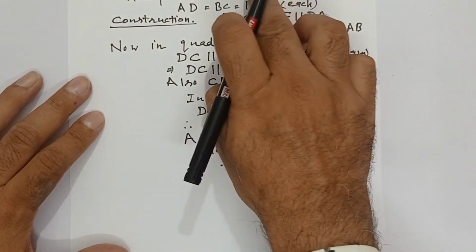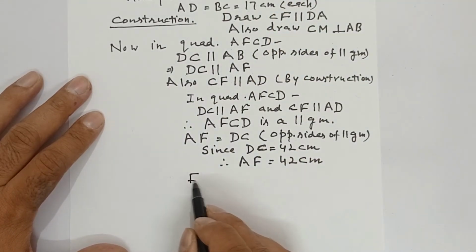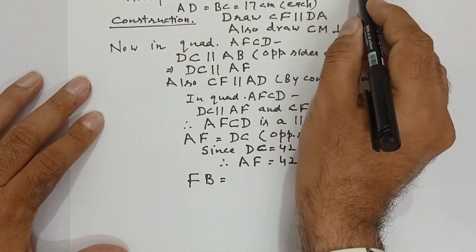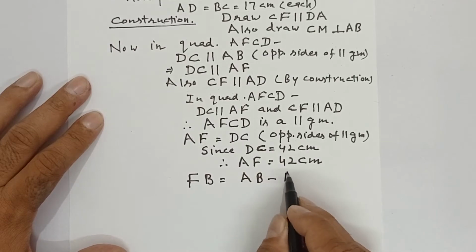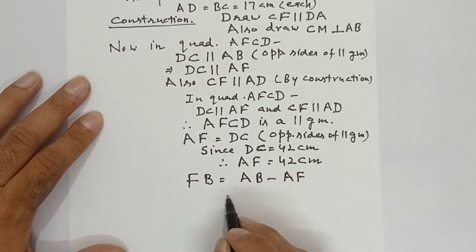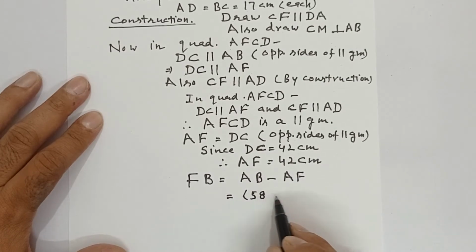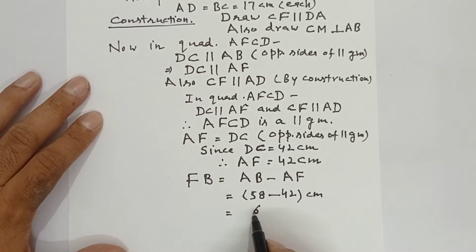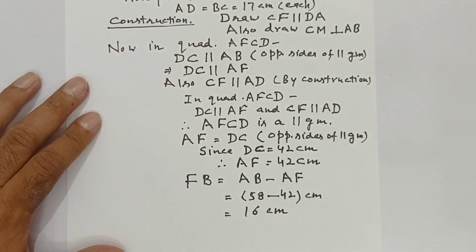Now we have found AF. We can find FB now easily. FB is equal to, from AB we will subtract AF. AB is 58 and AF is 42. This is 16 centimeter, as FB we have got.